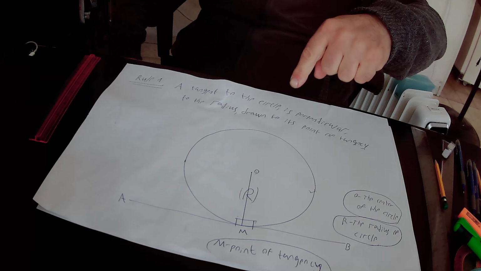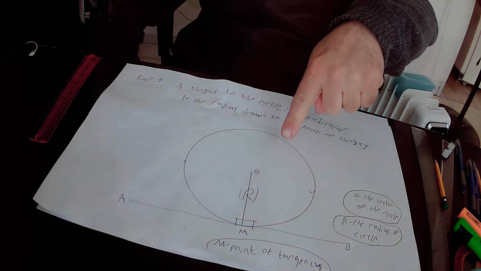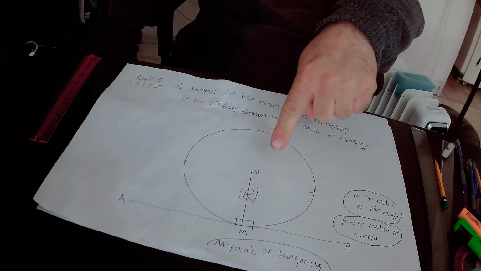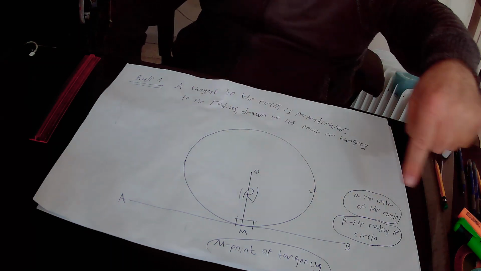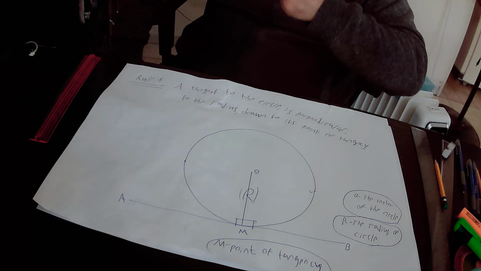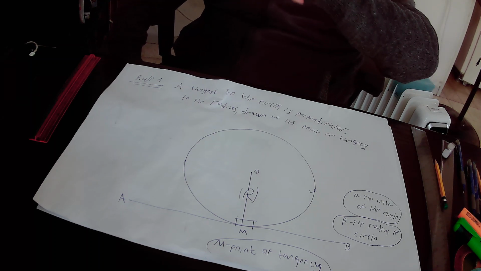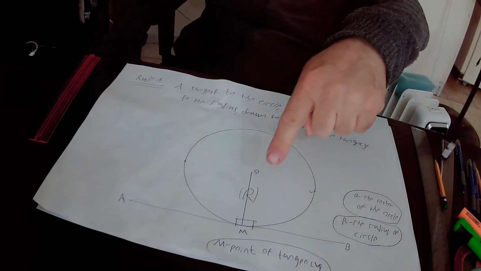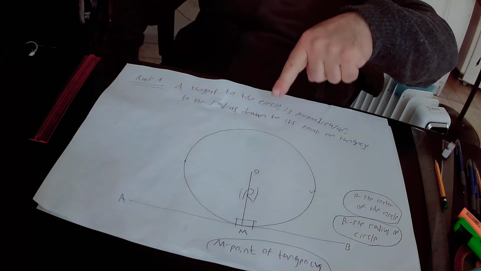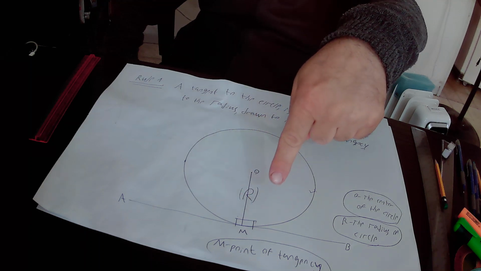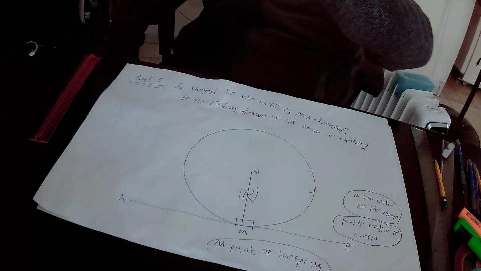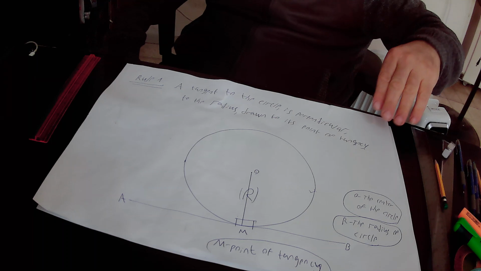And we have the radius OM, equal to R, that is drawn to point M, the point of tangency of tangent AB with this circle. Whenever you have a radius drawn to the point of tangency, then tangent AB will be perpendicular to the radius MO. If AB is perpendicular to MO, it means that this angle equals 90 degrees, and this angle also equals 90 degrees, according to rule 1.